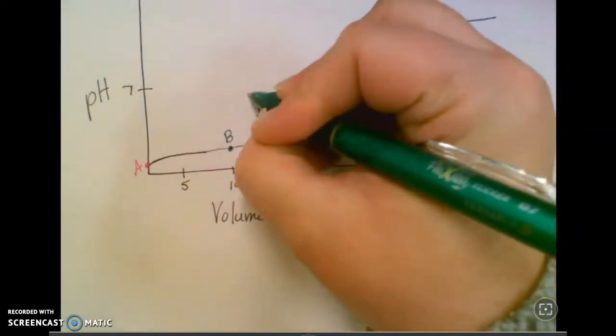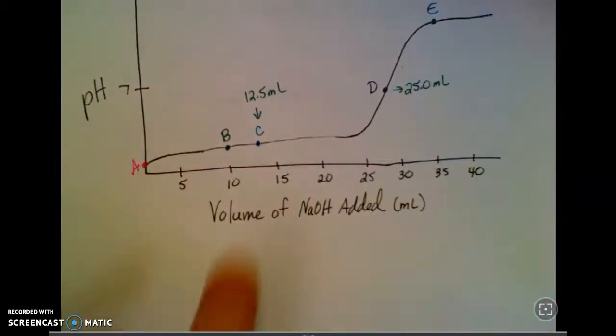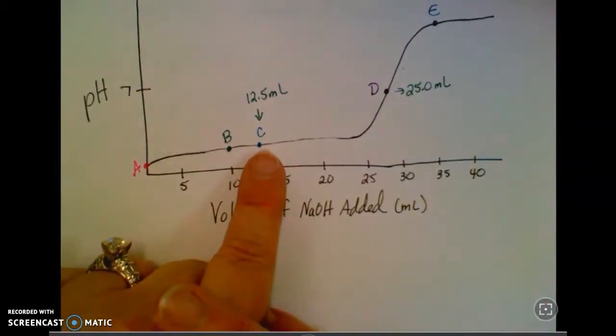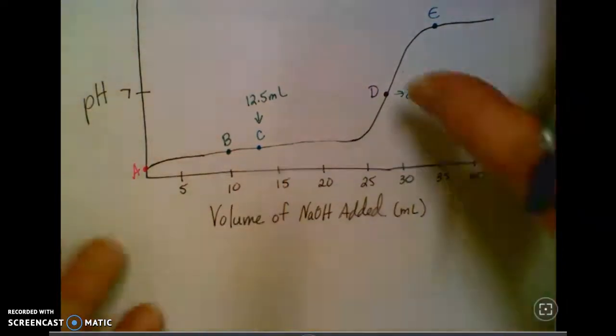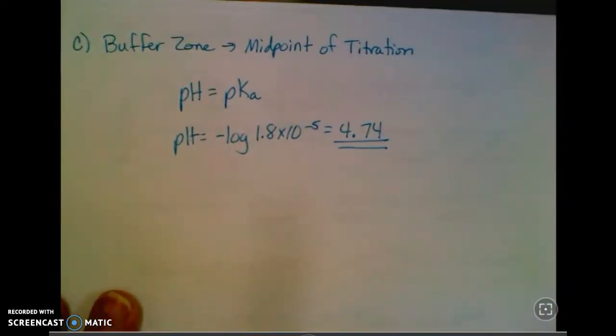This is exactly half of that equivalence point. So I don't really have to do an extra calculation here if I can recognize that. I'm bringing this up just to show you a shortcut.